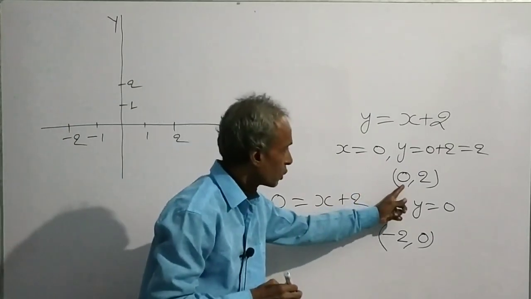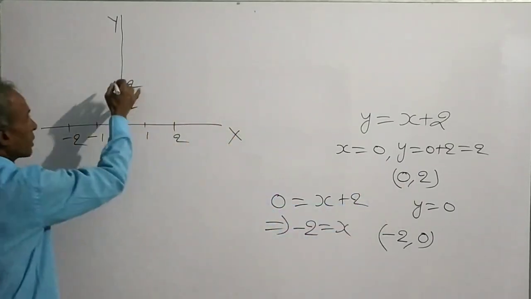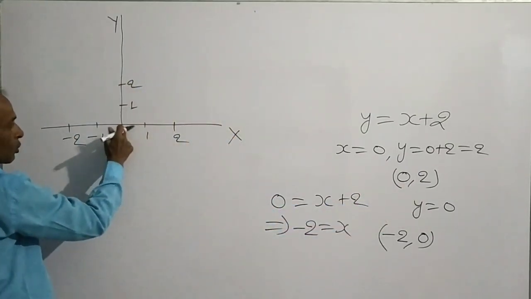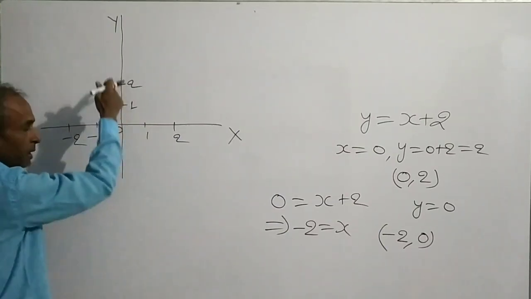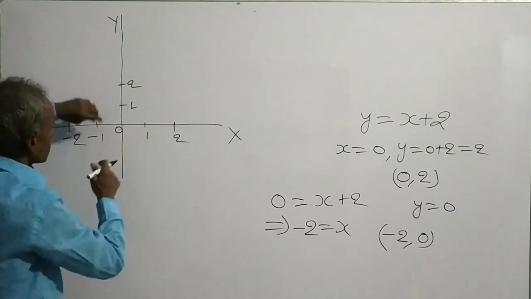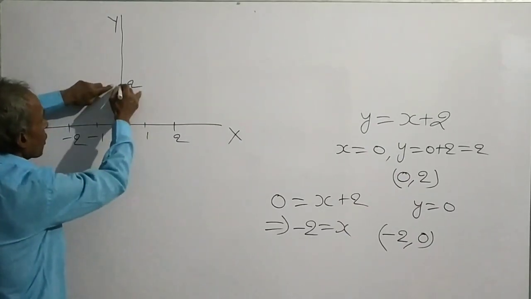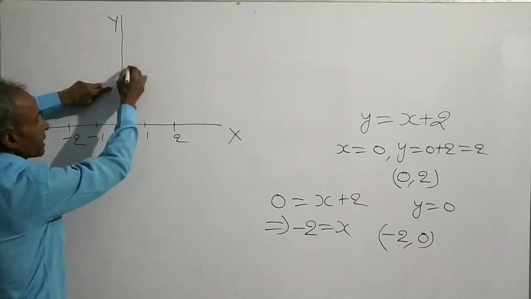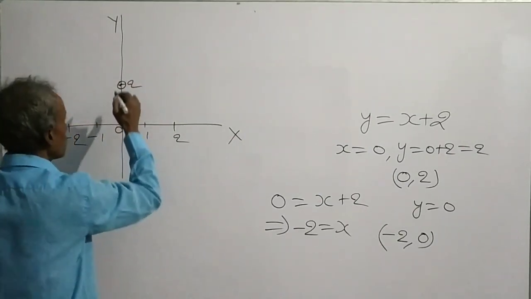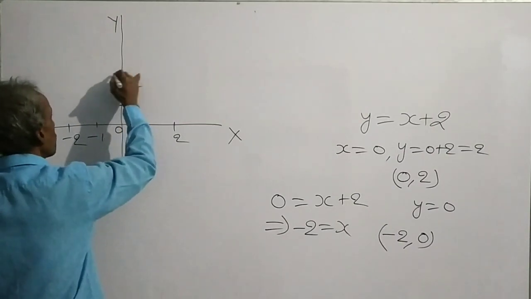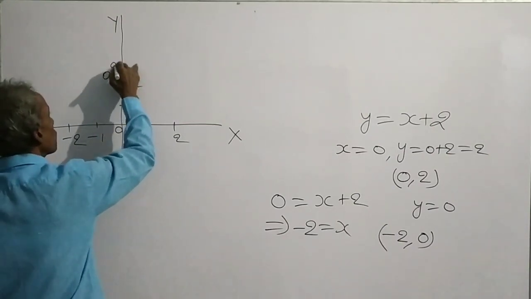X coordinate 0, y coordinate 2. X coordinate 0, this is origin. X coordinate on y axis will be 0. X coordinate 0 and y coordinate 2. This is the point whose coordinate is 0, 2.